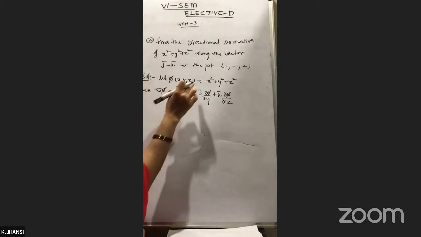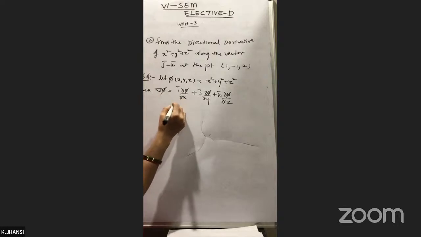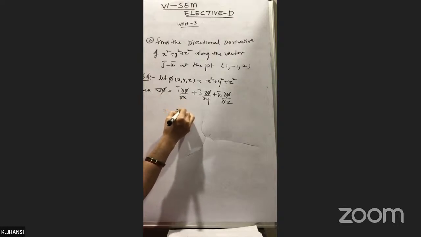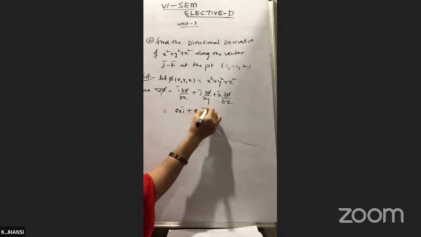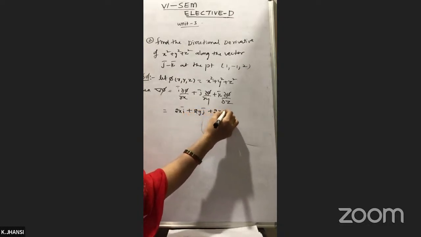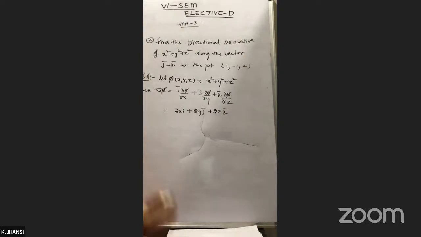If you do the partial differentiation, x² becomes 2xi, y² becomes 2yj, and z² becomes 2zk.